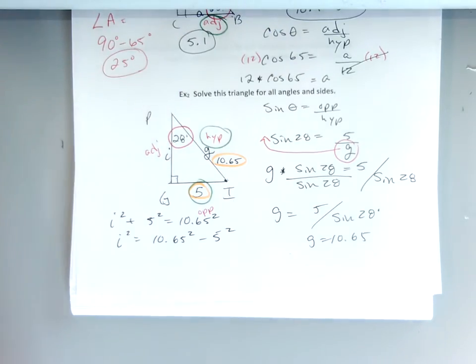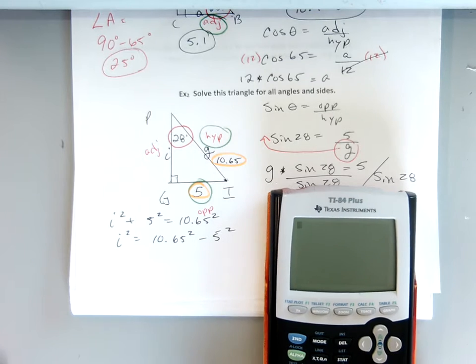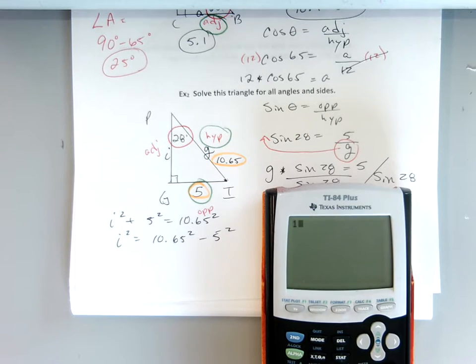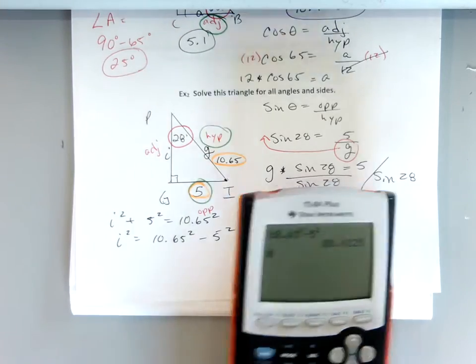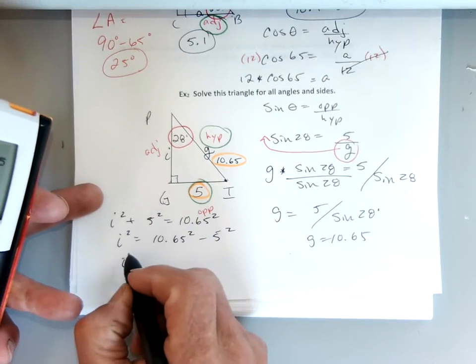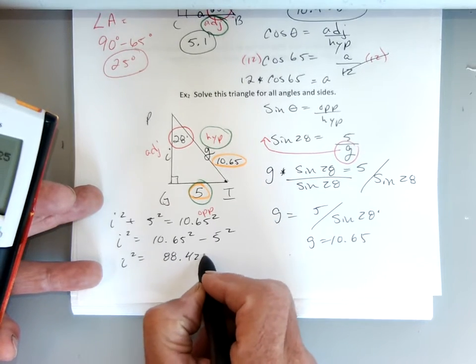I'm just going to let my calculator do the work. So we're going to go 10.65 squared minus 5 squared, and I should get an answer, but that's i squared. It goes 88.4225.